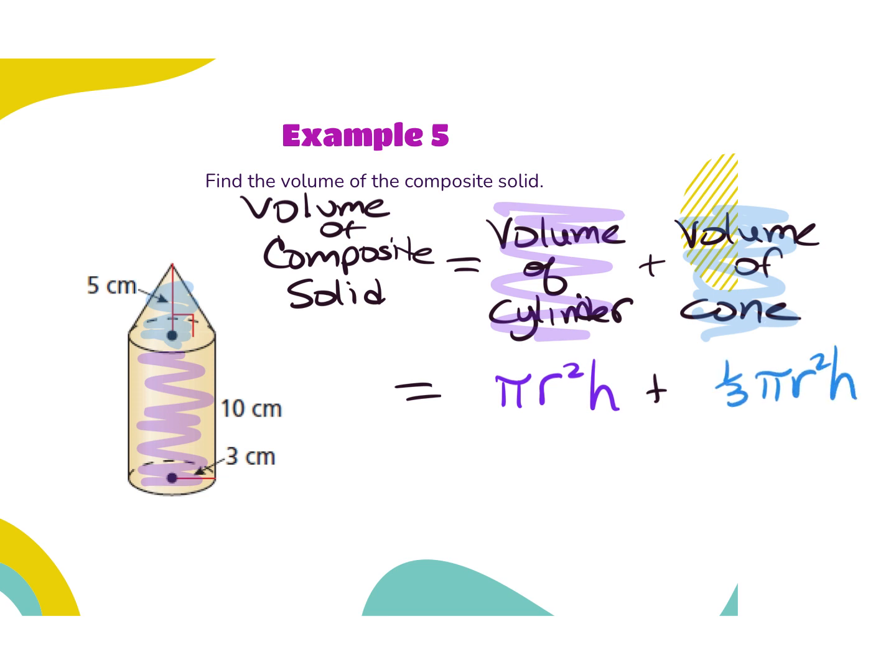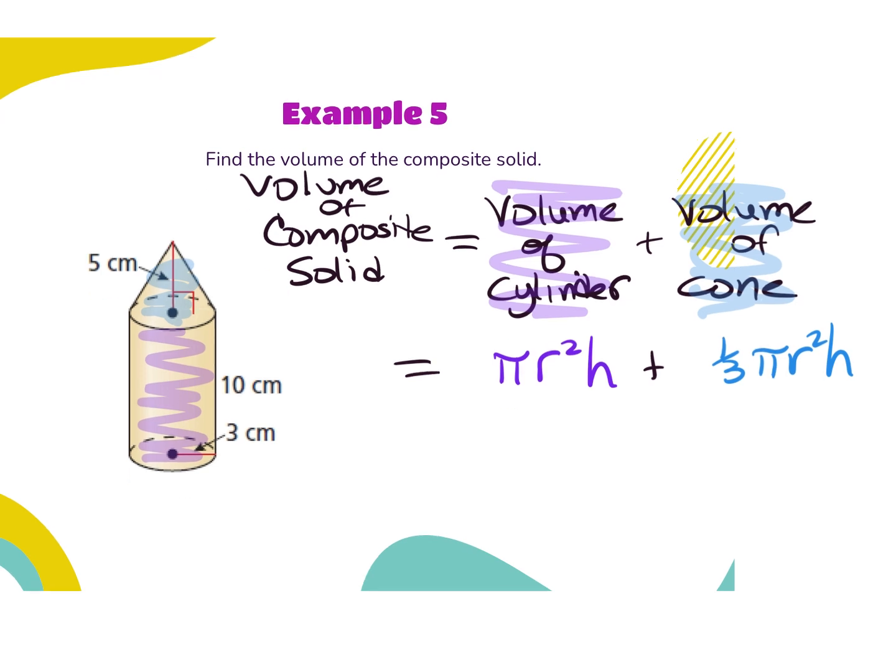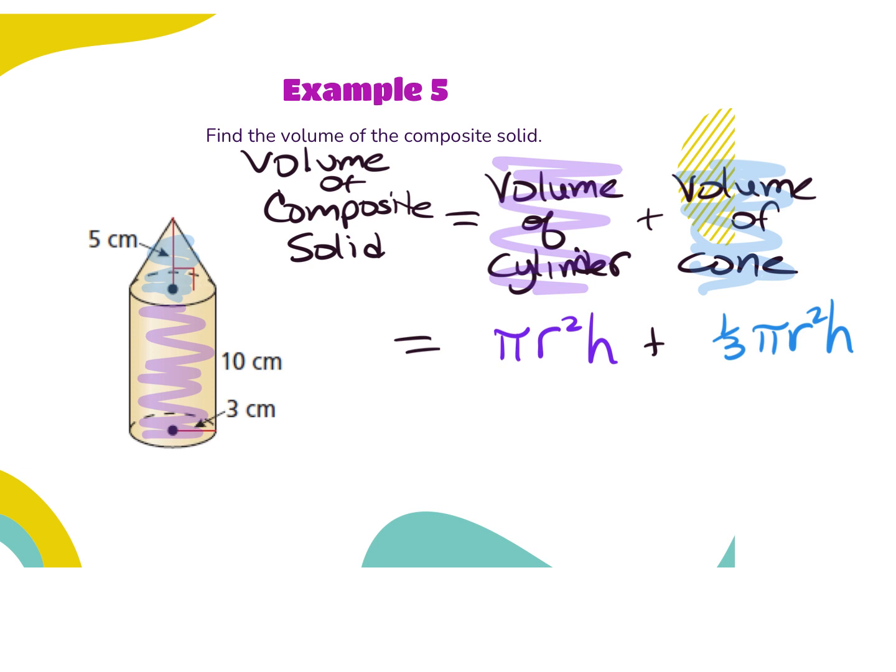So it's the same formula, we're just multiplying it by 1/3 or divide by 3. So let's fill in. Now the R for both of these is going to be 3. However, there's 2 different heights here. So the height of the cylinder is here, and then the height of the cone is up here.